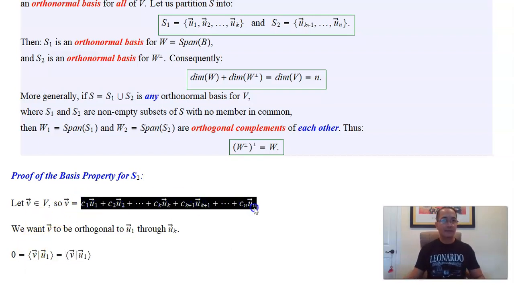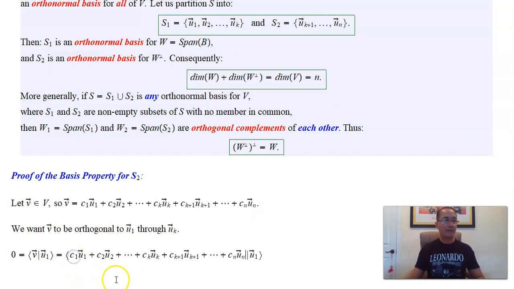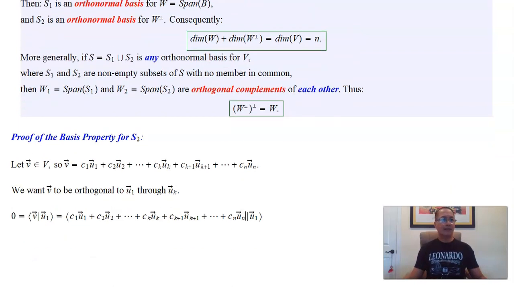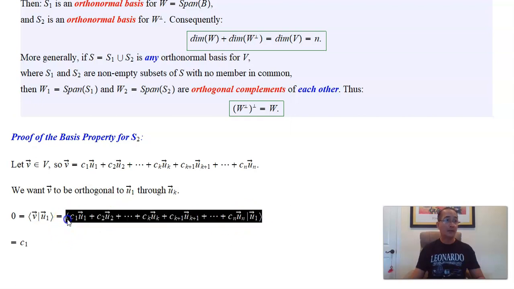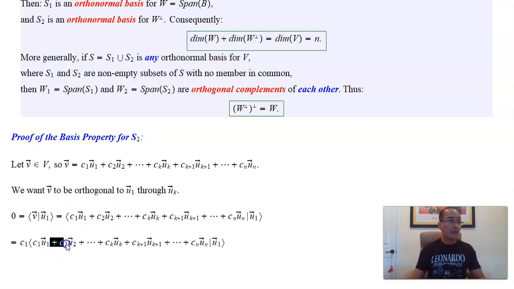However, what is the inner product of v with U1? Well, v is over here. Replace. You know what's going to happen next: we're going to have additivity followed by homogeneity. So what are we going to get? First term, we will have only c1, and then the inner product of U1 with U1. So I will erase everything except for U1.